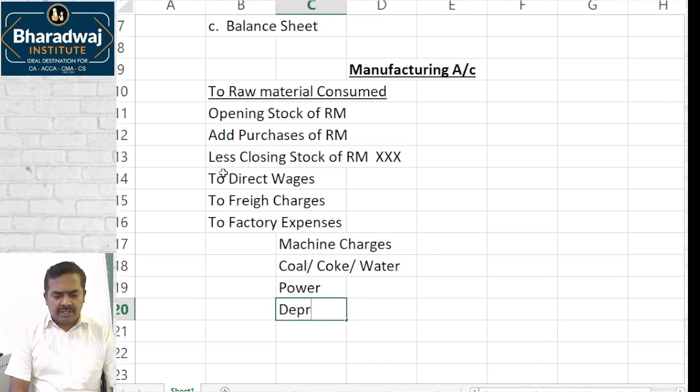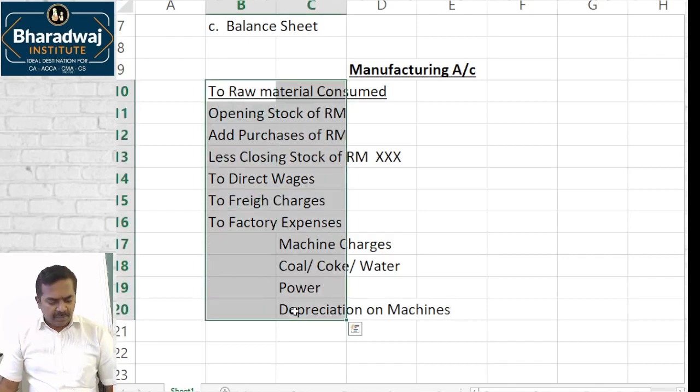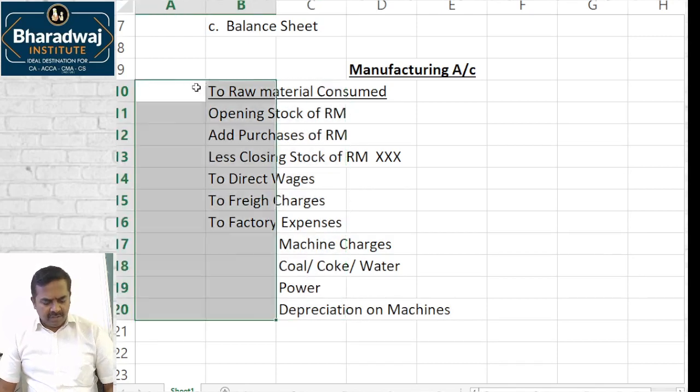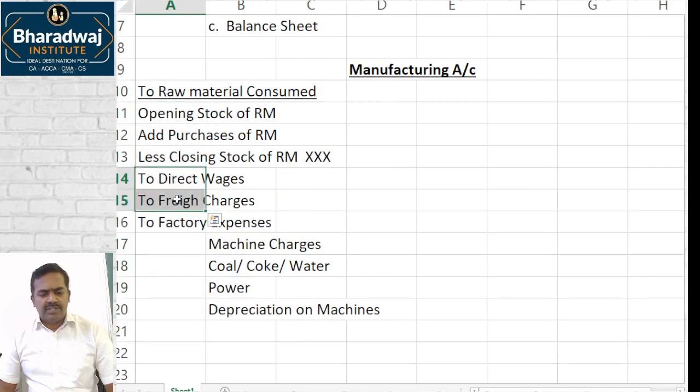Even depreciation on machines. All the expenses relating to production are debited to which account? Manufacturing account. So opening stock, purchases minus closing stock gives raw material consumed, then charge direct expenses, right?